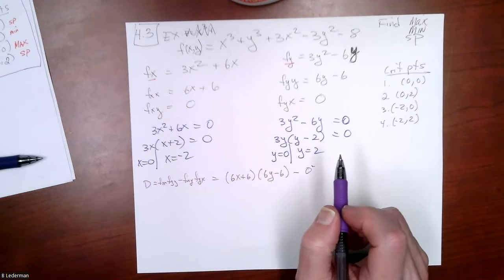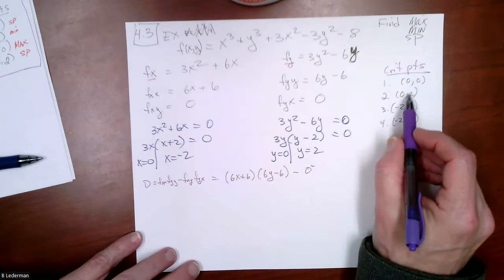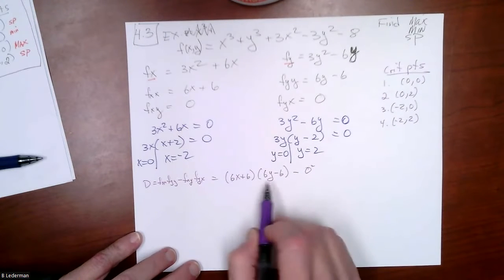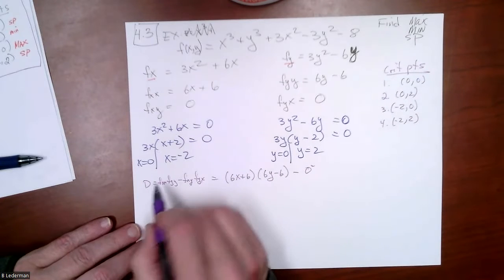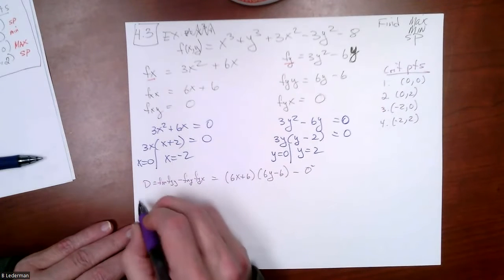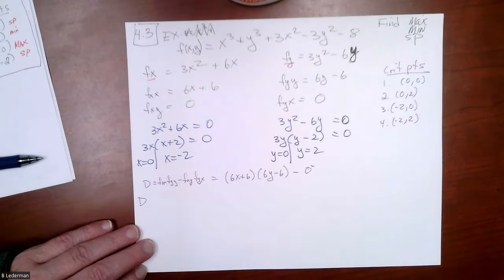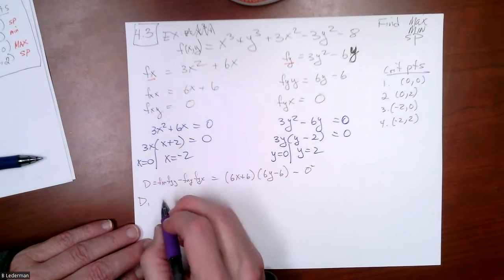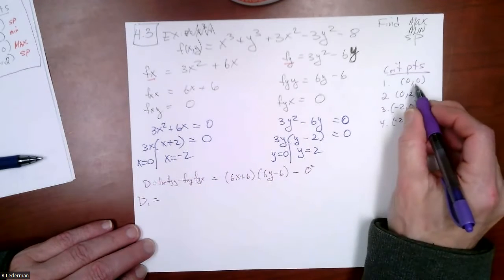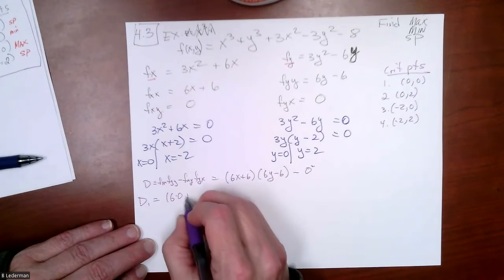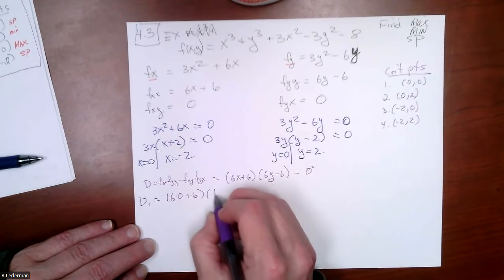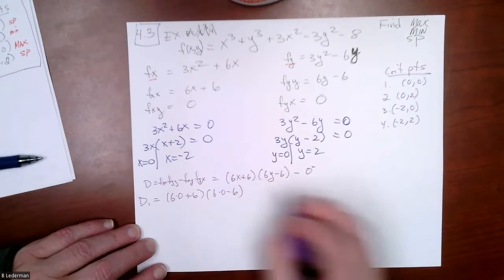Anyway, we want to test these now to see how they do. What happens when I plug these critical points into the x's and y's over here? So there are 4 critical points. We're going to have to make 4 evaluations. So I'm going to call them D1, D2, D3, and so forth. For D1, I'm going to take 0, 0. So that's going to be 6 times 0 plus 6, times 6 times 0 minus 6.